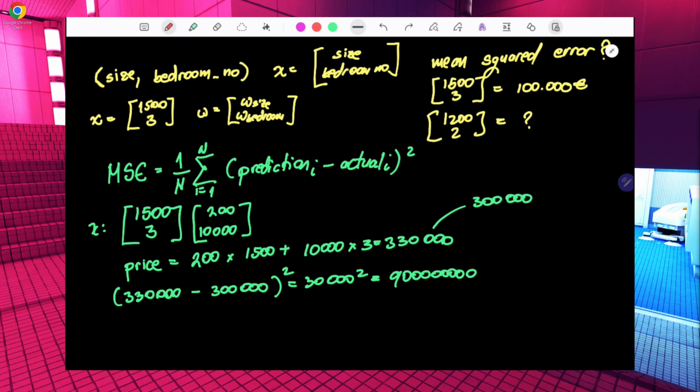We need to find a vector of weights so that the properties we have, in this case 500 times V1, this is the size, plus 3 times V2, which is the bedrooms, is equal to 100,000.